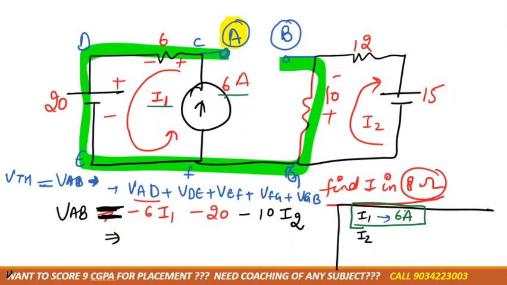I1 direction and 6 ampere direction, they are the same, right? So I1 we can write down as 6 ampere, correct? Now for I2, as you know, it's a simple mesh. You can apply mesh analysis, get the value of I2. Now from here, we'll get the value of I1 and the value of I2. We can substitute it here. Then after substituting it, we'll get the value for VAB, right?